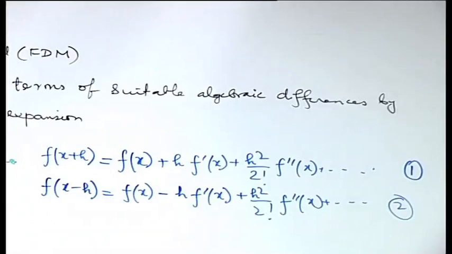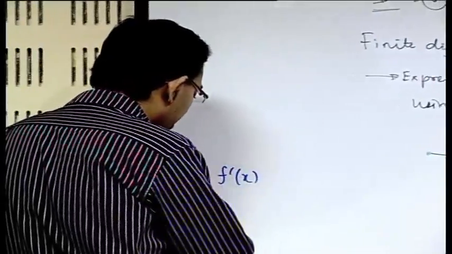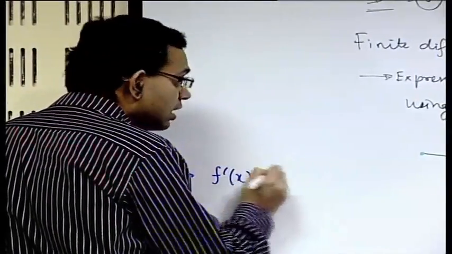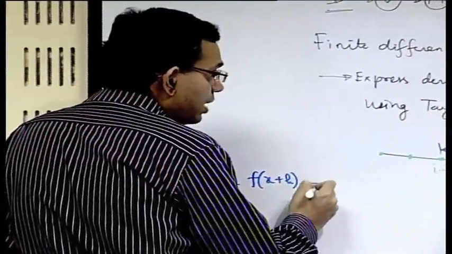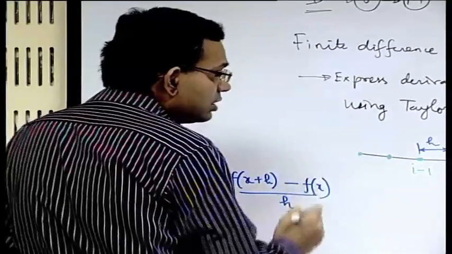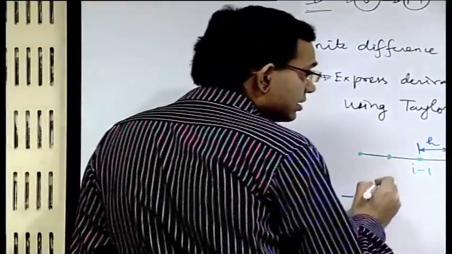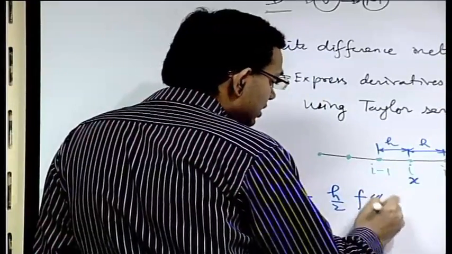So there could be different ways in which you could derive that. For example, you could write f dash x from equation 1 as f x plus h minus f x divided by h minus h by 2 f double dash x and so on and so forth.